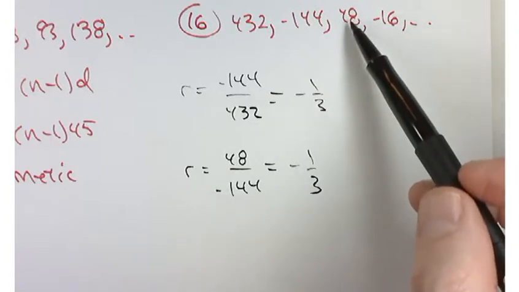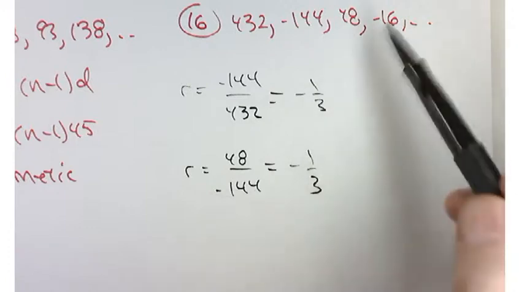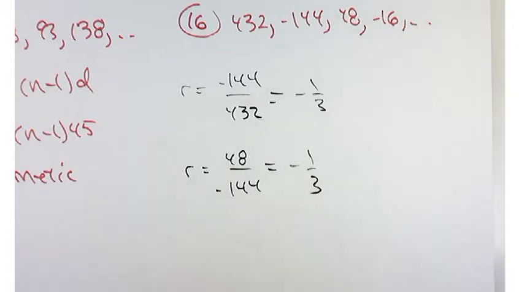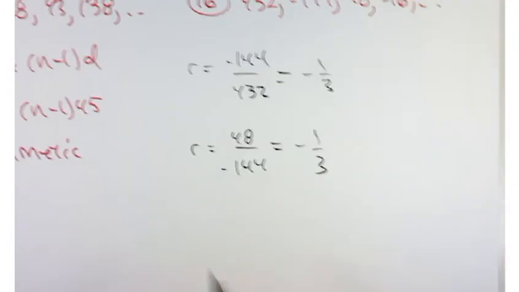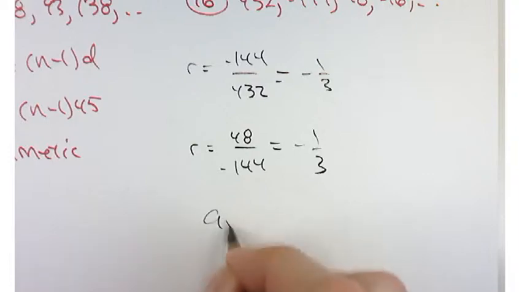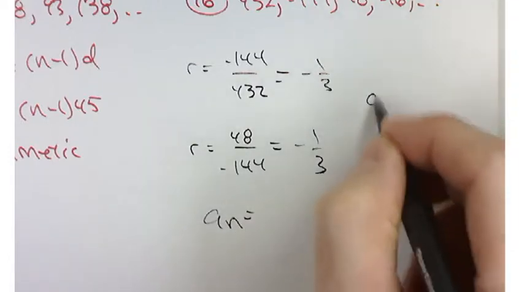So it does appear, in fact, you can try it one more time. 1/3 of this is 16. Account for the negative, you get -16. So it does appear that you are multiplying by this common ratio to get from one term to the next. So this is geometric.